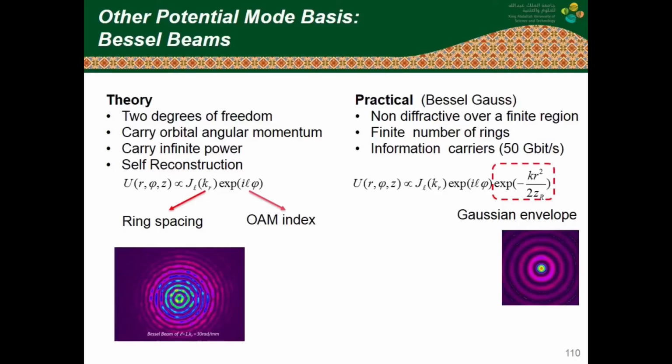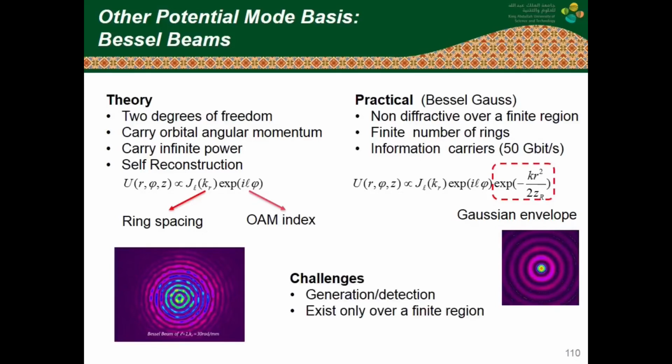Here we have an illustration of the self-reconstruction process of Bessel-Gaussian beams after being blocked by an obstruction along the propagation path. As you can see here, we placed an obstruction along the propagation axis of a Bessel-Gaussian beam, and the beam started to reconstruct itself after propagating for a few centimeters.